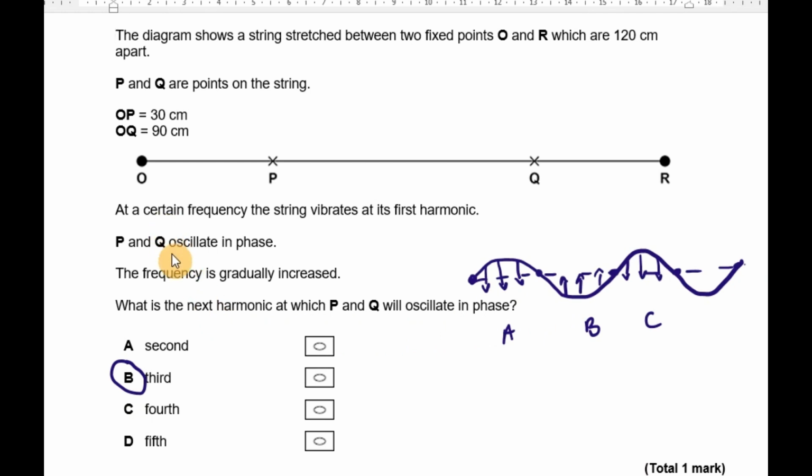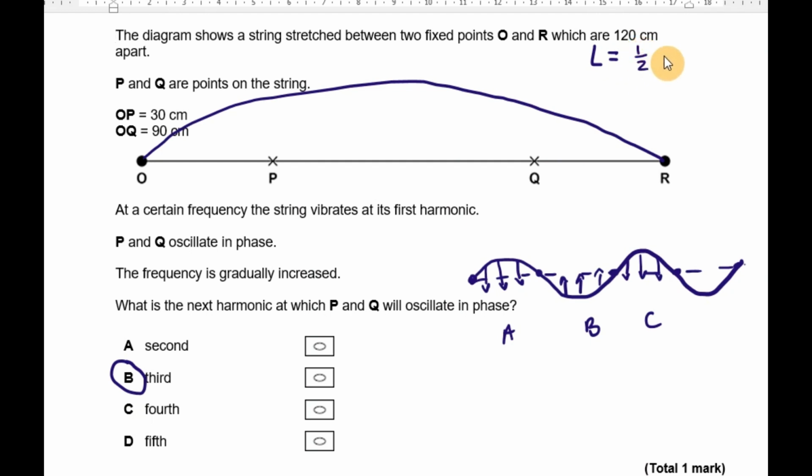So it says at a certain frequency the string vibrates at its first harmonic. Well, the first harmonic looks like that, and that's when the length of the string is equal to half a wavelength.